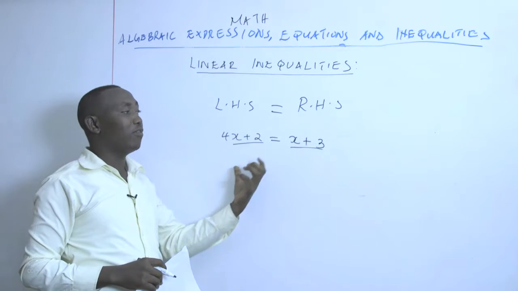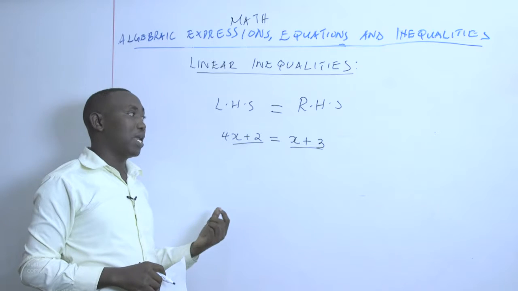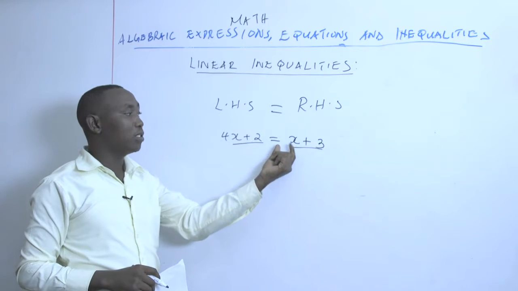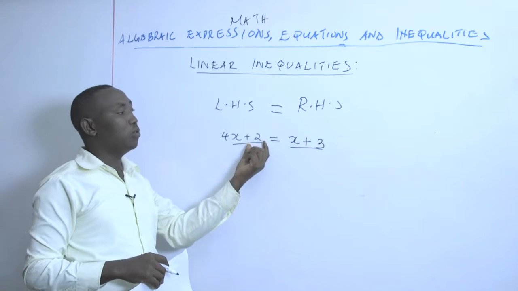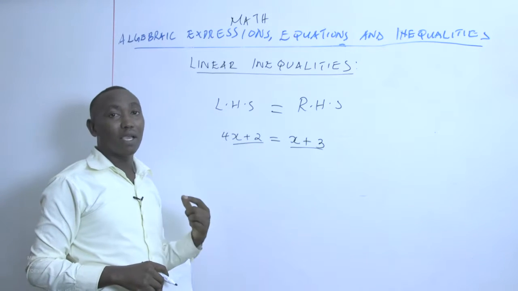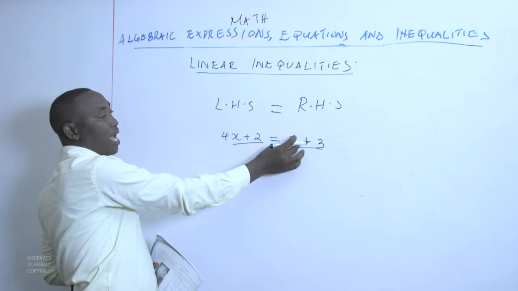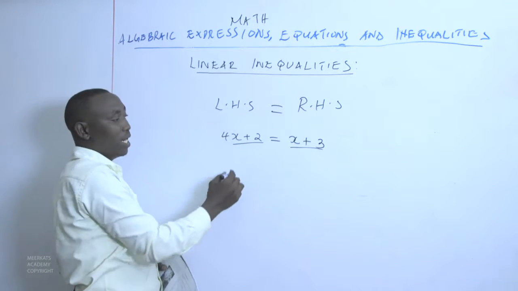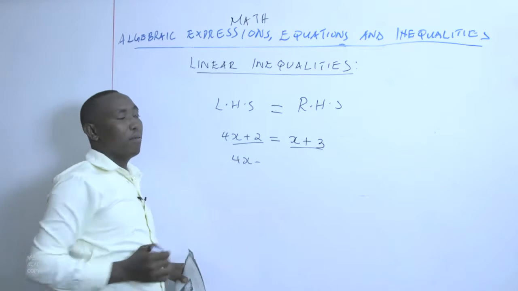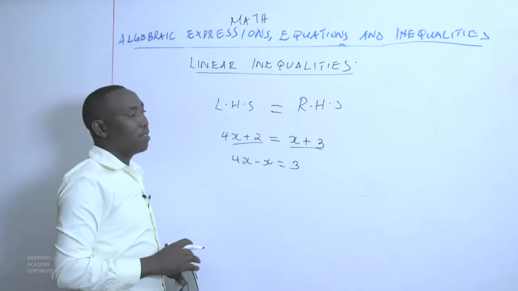We can solve this equation by collecting the like terms together. That means we bring x to this other side and we take 2 to the other side. Whenever figures cross the equal sign, they change their sign. Therefore, when this x crosses the equal sign to the left-hand side, it will be minus x, and the right side is 3.